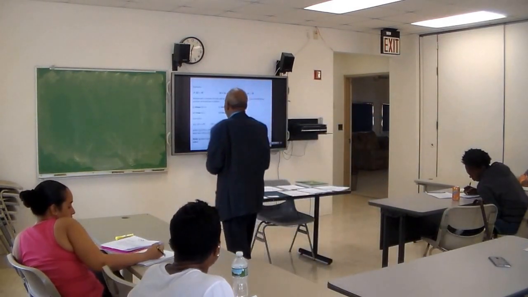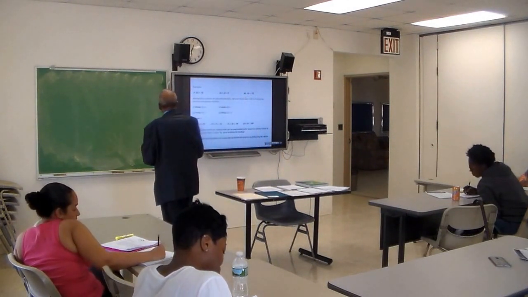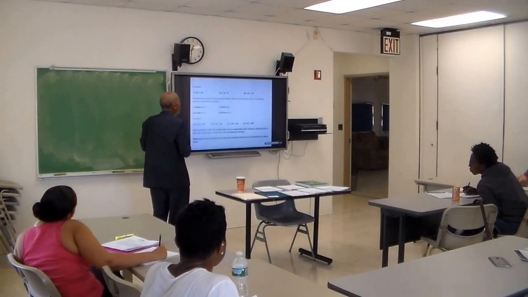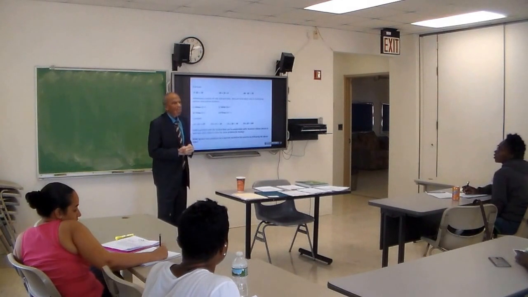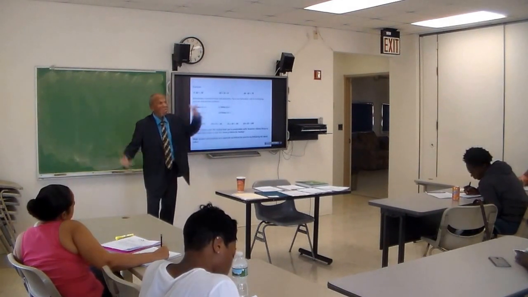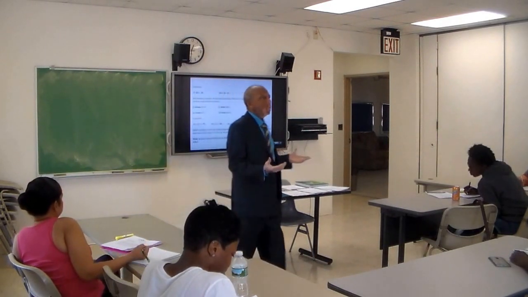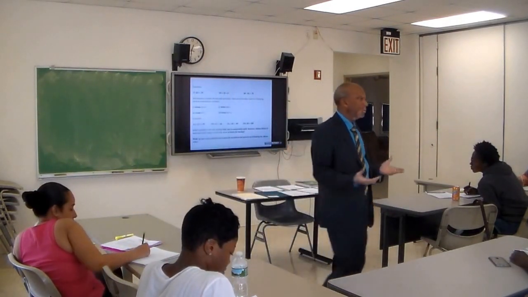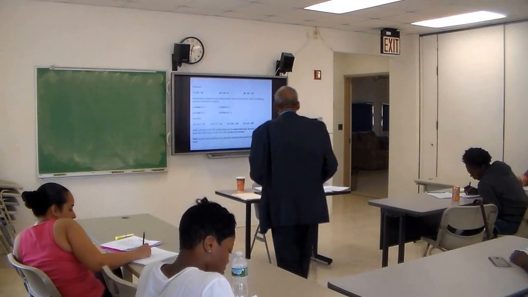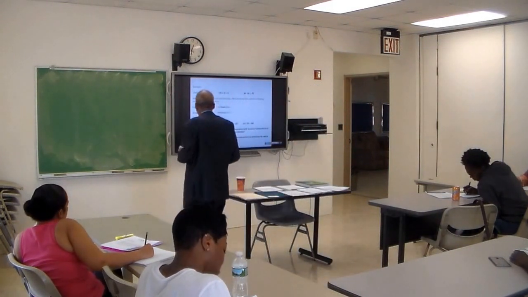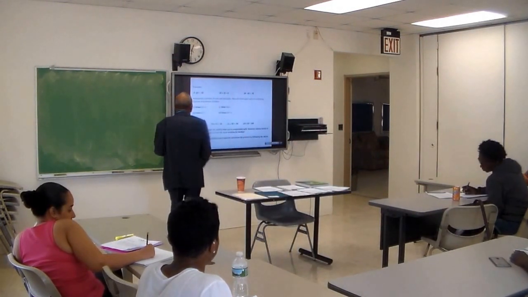A minus number times a minus number equals what kind of number? A positive number. And that's a rule. Do you commit it to memory? And then you practice on it? Yes. So you have to know how to apply certain principles and rules in mathematics at the appropriate times.